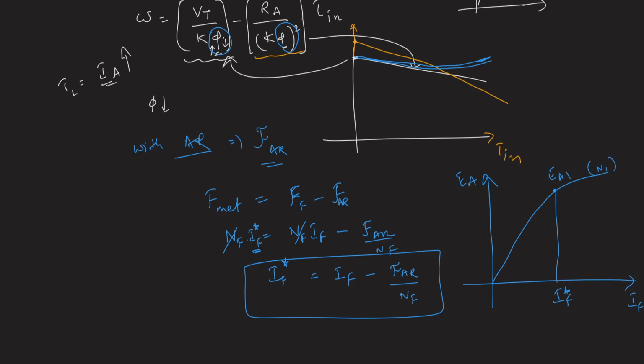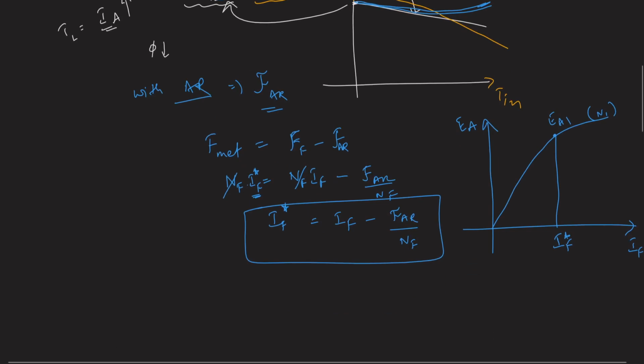Now the machine may be operating at a different speed. If it is operating at a different speed, then EA1 by EA2 is equal to N1 by N2.